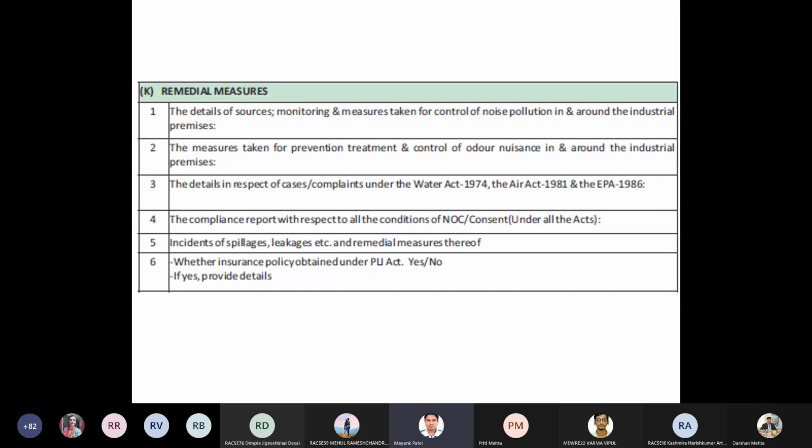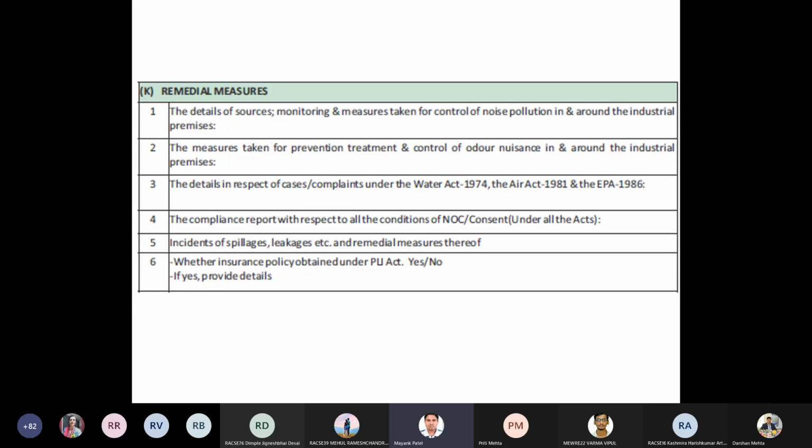Similarly, there may be some fugitive emission or odor nuisance, and that has to be prevented. So you may have visited Ankleshwar, Panoli, Jagadia, even if you have not entered that GIDC, while going through the highway, you may have seen some fragrance spray mist generators, right?